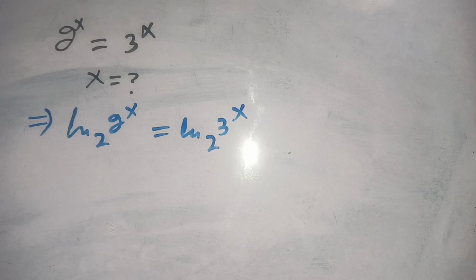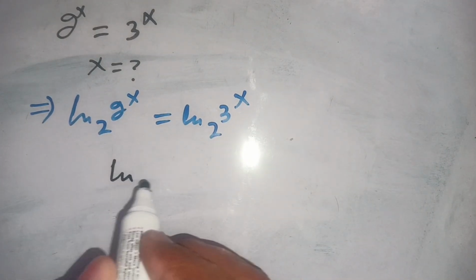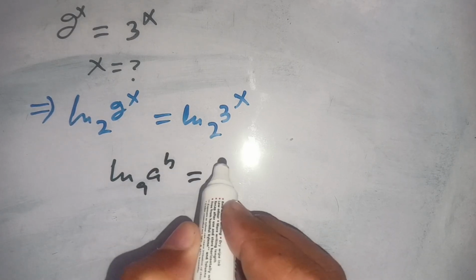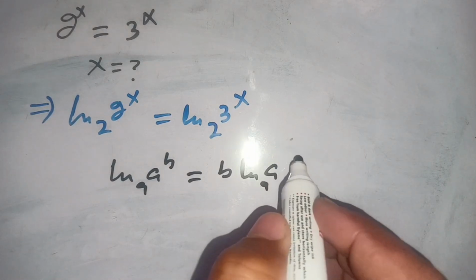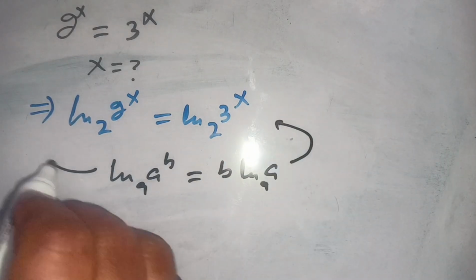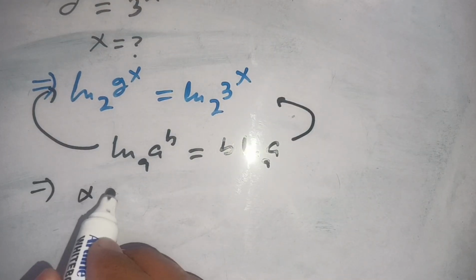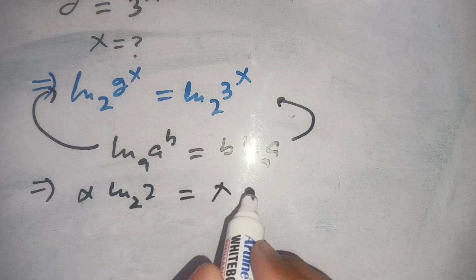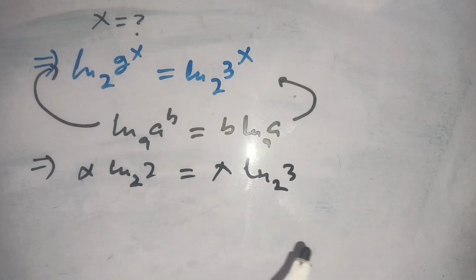Now on the next step, we use this logarithm property: log of a power b with base a is equal to b log of a with base a. Using this identity, on the left hand side we get x log of 2 with base 2 is equal to x log of 3 with base 2.